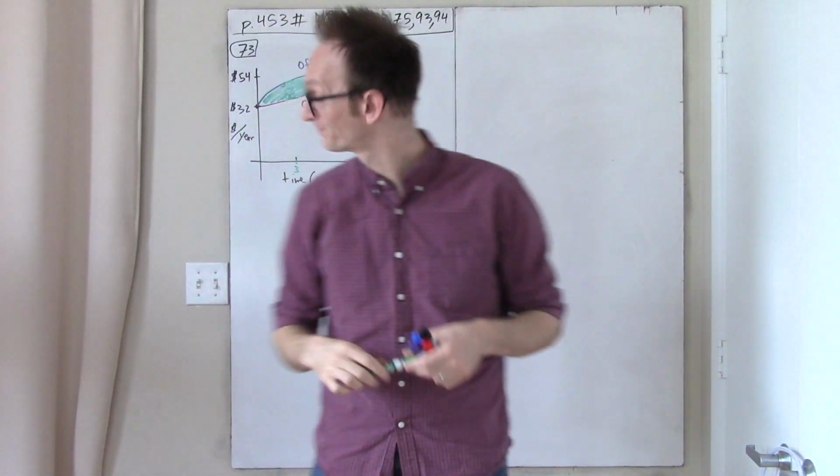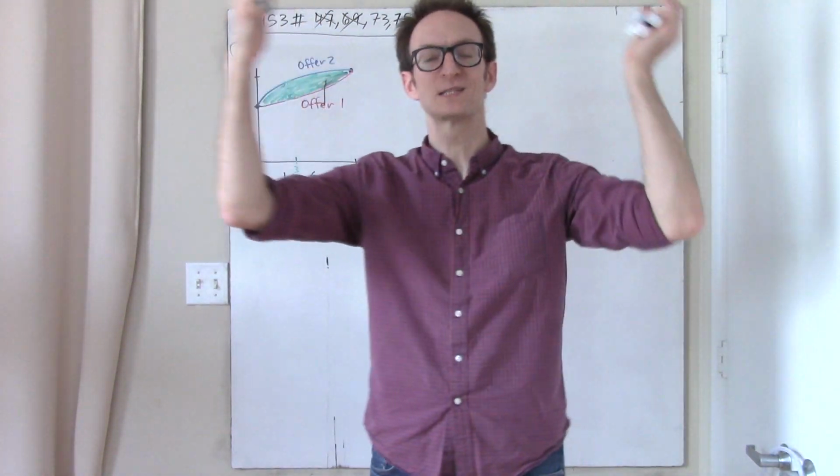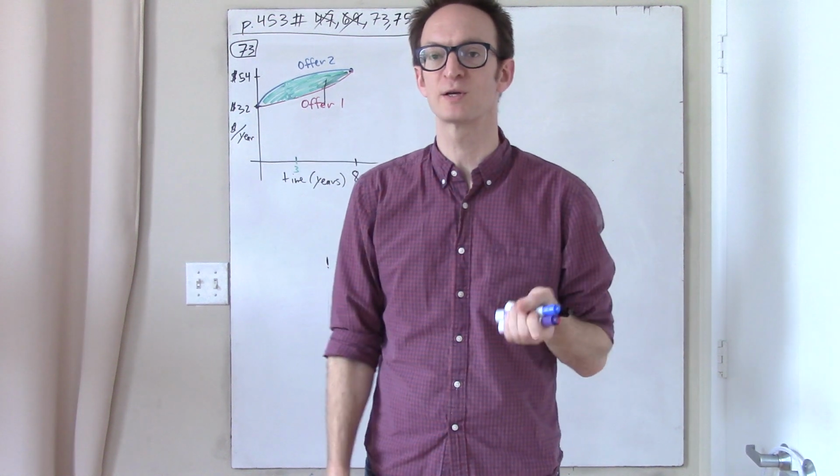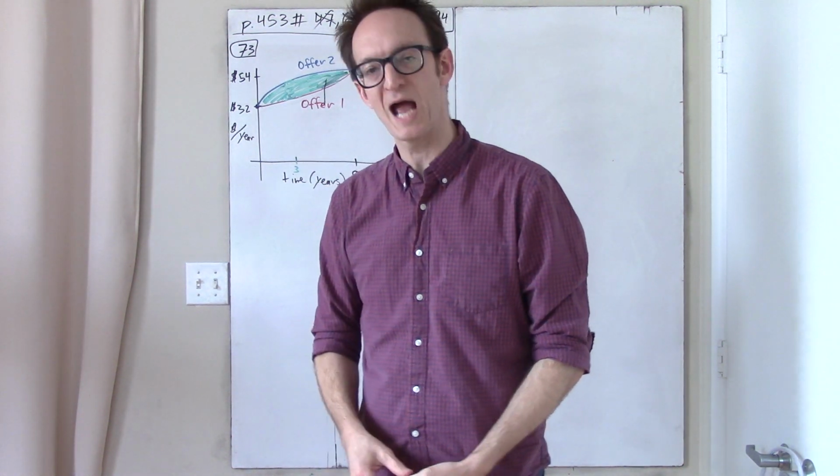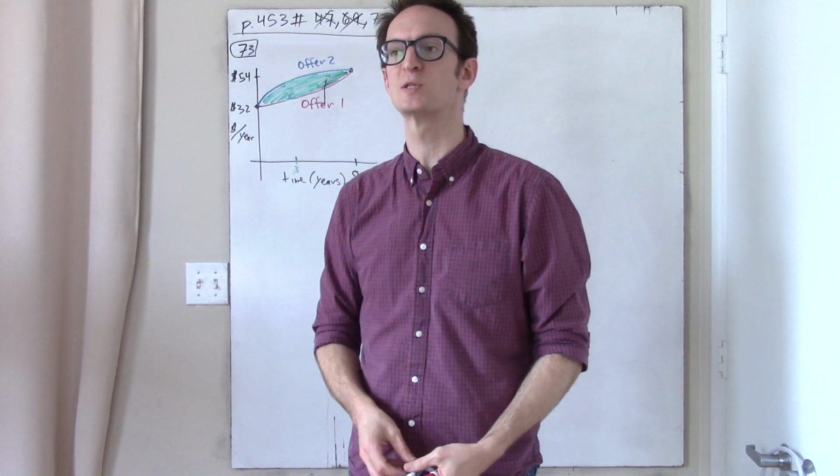So this problem is in response to the quite reasonable question: why should I care so much about spending hours of my life learning how to find the area between two curves?